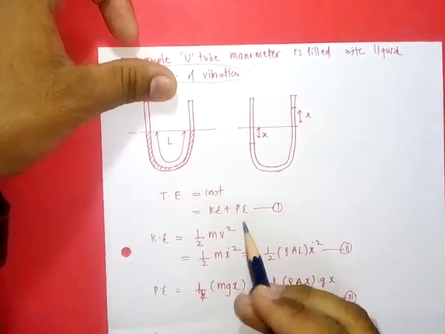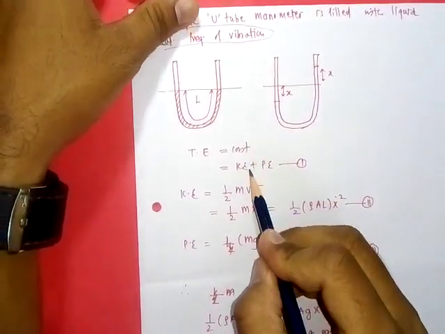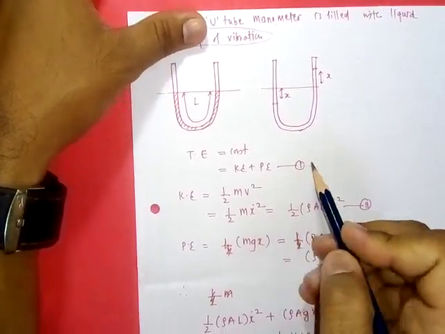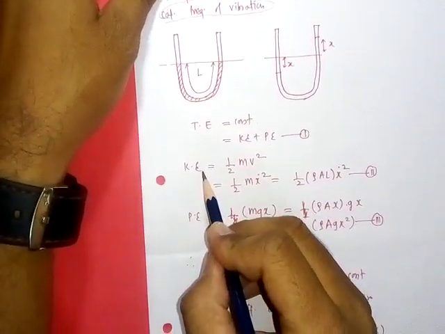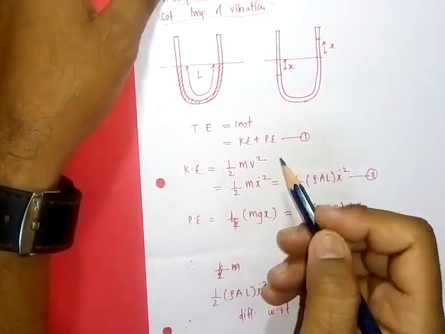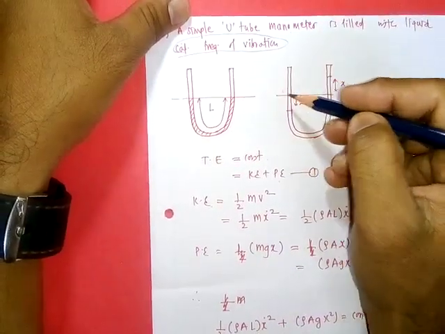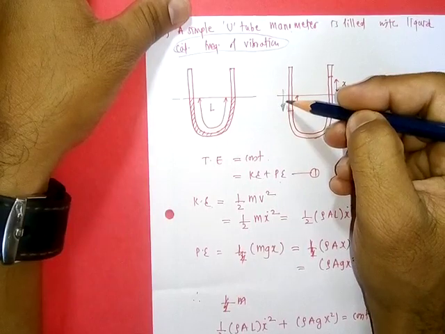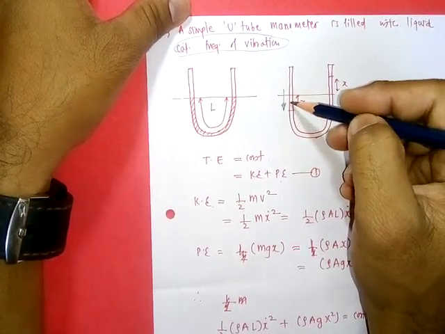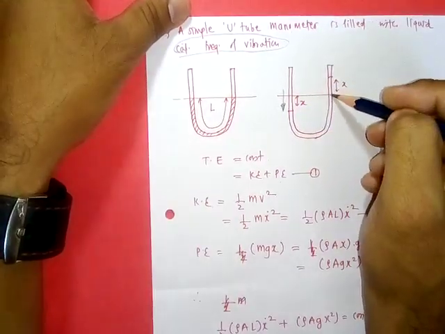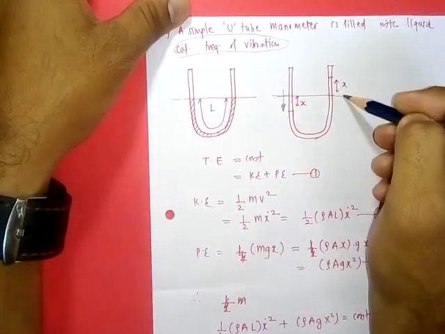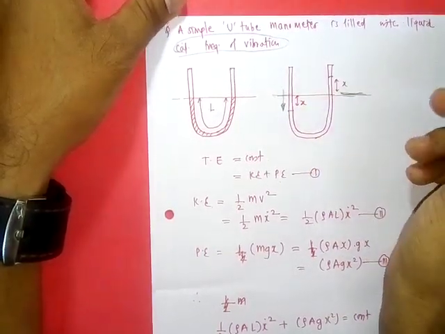Total energy is constant, that means kinetic energy plus potential energy of the system at any instant is constant. Suppose initially we deflect this water column by amount x, then it will be displaced from its equilibrium position and it will start vibrating about this equilibrium position.